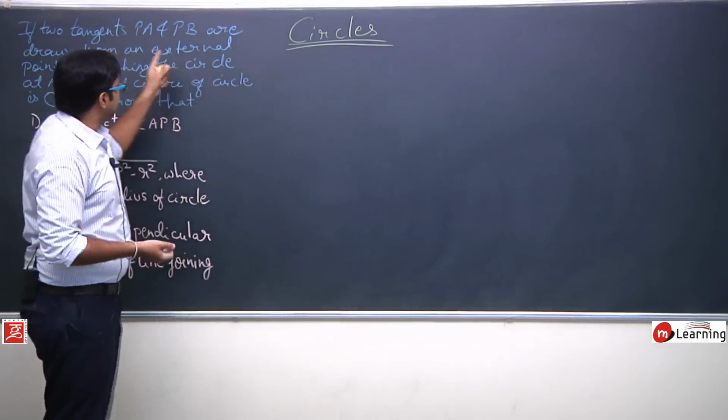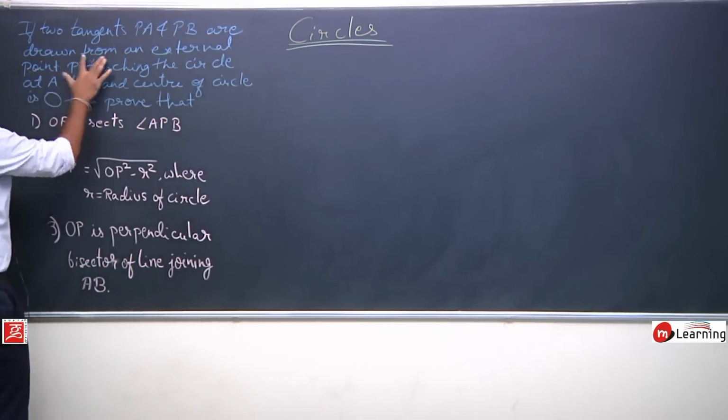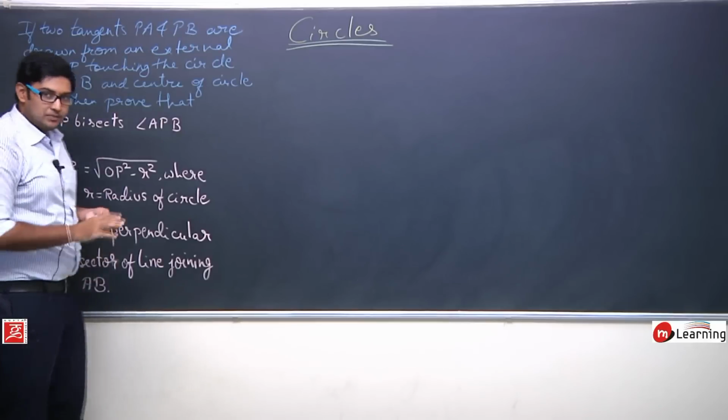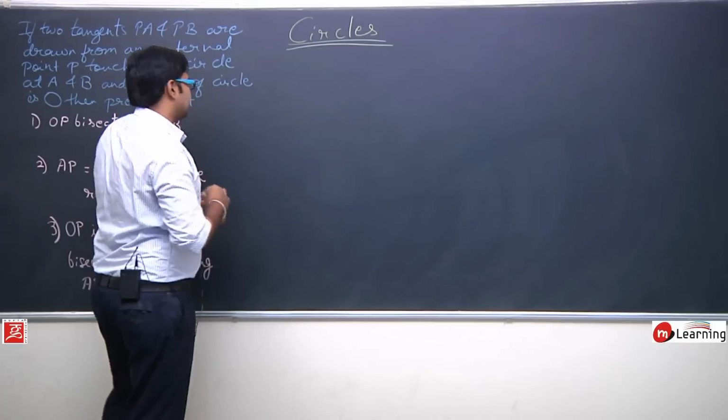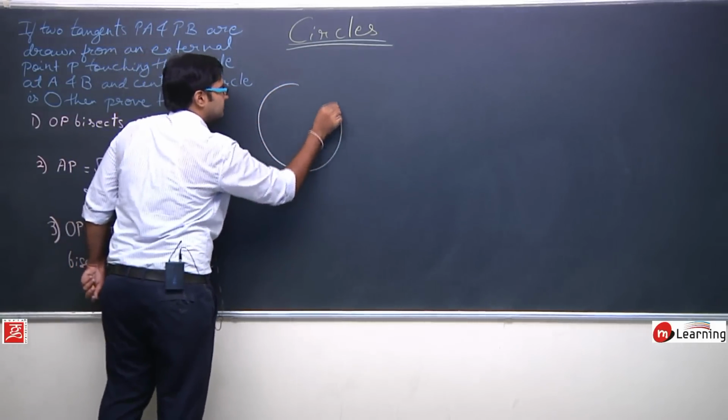Okay. First it says two tangents PA and PB are drawn from an external point P touching the circle at A and B. So it's very simple that there must be a circle. Let us say this is a circle.